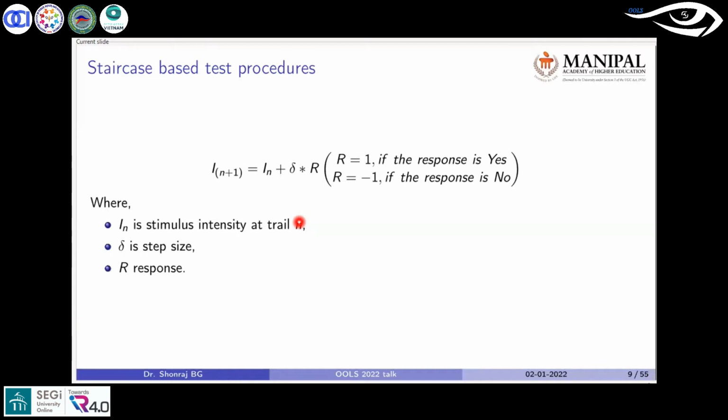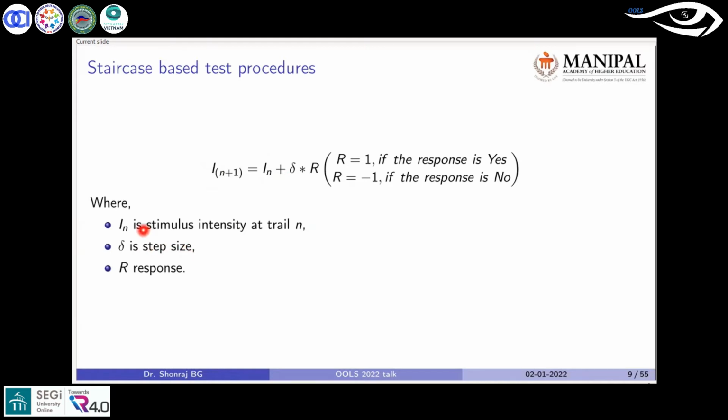If you look at this equation, it looks a little bit complicated, but it is not at all complicated. The intensity for the n plus 1th trial is based upon the intensity of the previous trial plus whatever step size you have decided.